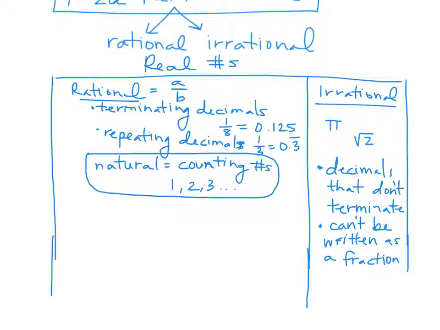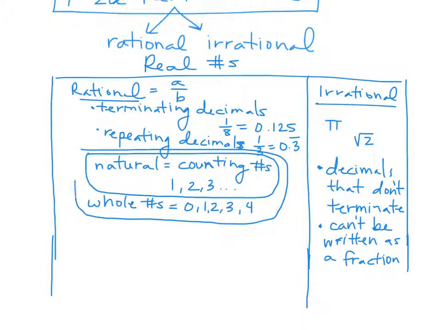Then your next step out is a whole number. Do you know what a whole number is? That one includes 0. So 0, 1, 2, 3, 4. Okay, so that is going to be our next bubble. Okay, what am I trying to show you here in terms of how the natural relates to the whole or the whole to the natural?